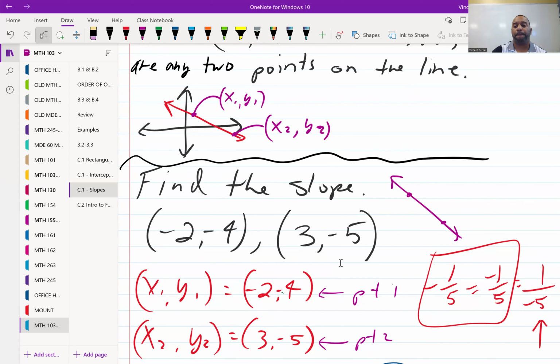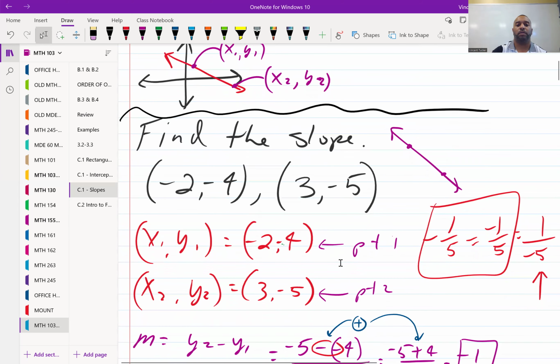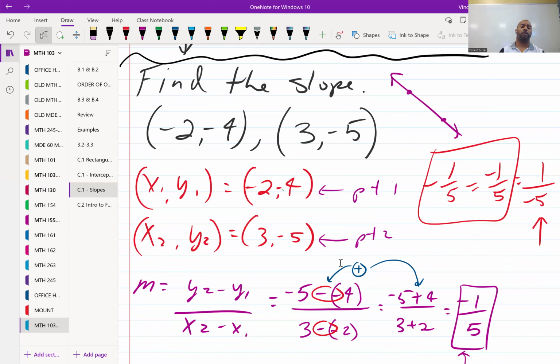Everybody holding on to that top part? So like I mentioned, when we first started talking about slopes, you can do y2 minus y1 over x2 minus x1, or y1 minus y2 over x1 minus x2. I'm going to do it both ways for this first problem, just to show you that either way you'll get the same answer.